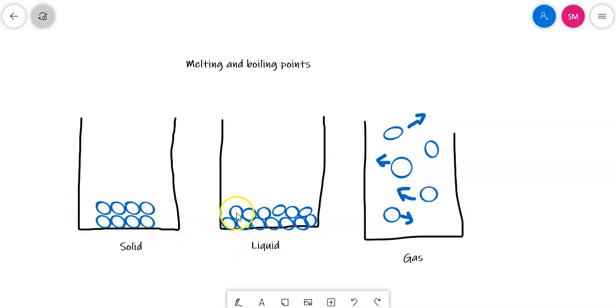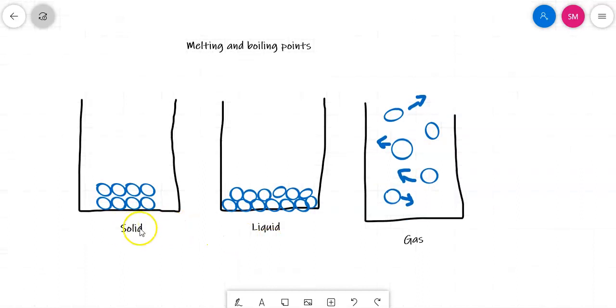In liquids, the forces between particles are weaker than in solids, so the particles are able to flow over each other and they would use the full space available to them at the bottom of a container. For gases, the bonds between these particles are now broken, so there are no forces holding these particles together, so they will use up the full volume of any space that they're able to.